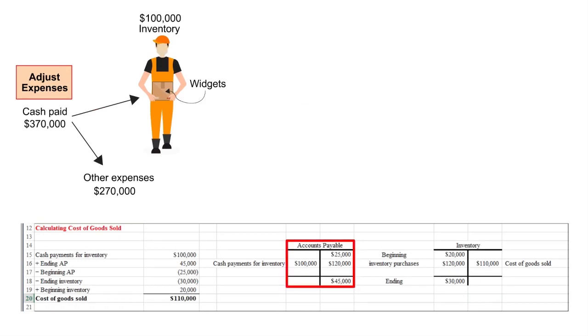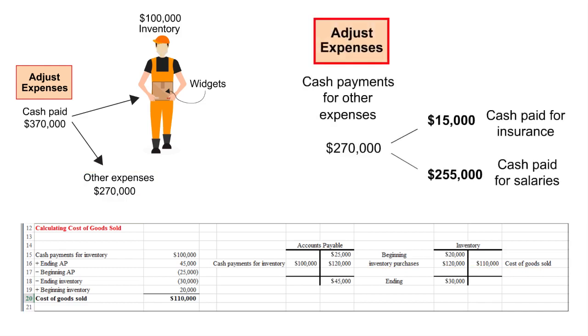So the balance in accounts payable is used to take cash paid for inventory and generate inventory purchases on account. Then the inventory account balance helps generate the cost of goods sold from the inventory purchase balances. Other expenses also: we had $270,000 paid for all other expenses, $15,000 for a new insurance policy, and $255,000 for salaries.